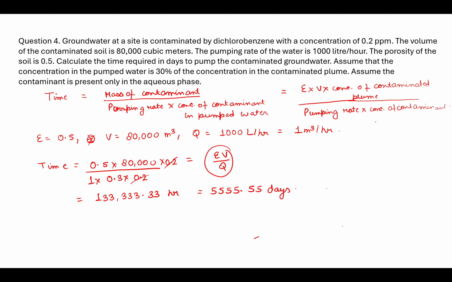It cancels from the numerator and denominator, but here it was given that nearly 30% of the concentration is coming out in the aqueous phase. So that's why at the denominator we will multiply the concentration that is coming out as 30%, that is 0.3, and after solving this value we are getting 5555 days. So this is the correct answer.